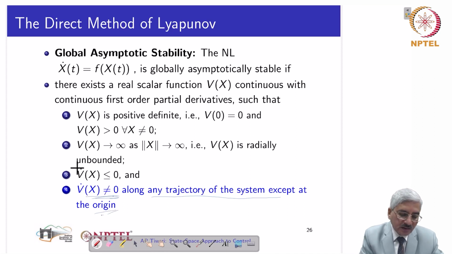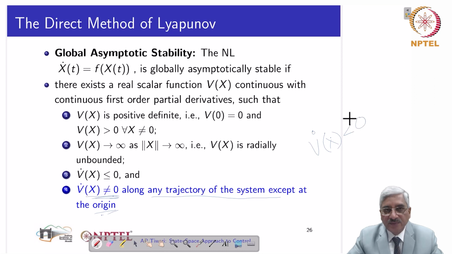So what we have done is that in the previous definition, V dot x was restricted to be negative definite, but if it is semi-definite at some point and that point is not on the trajectory of the system, then it should not bother us.